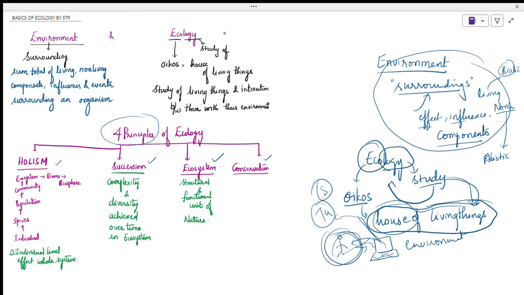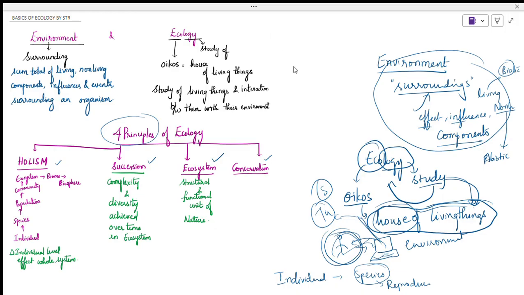So as of now, holism is nothing but we know that in every ecosystem we'll be having individuals. Group of individuals who have capacity to reproduce are called species.